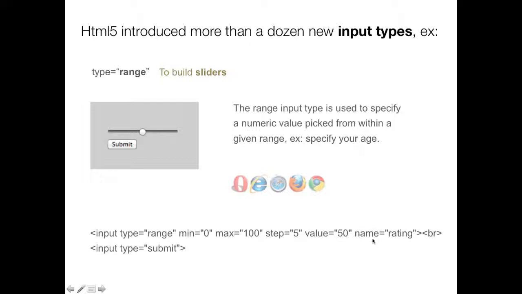We'll keep seeing the name attribute, but we'll explain it further on when we actually apply the form, and that's when it will make sense. The break is a break so that we can write on a new line, and what we did here is insert a submit button by using the input element type submit.